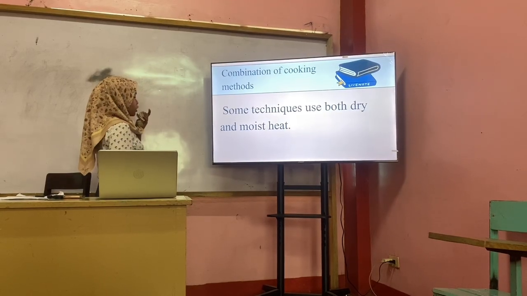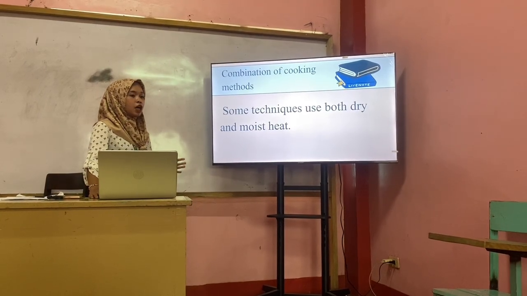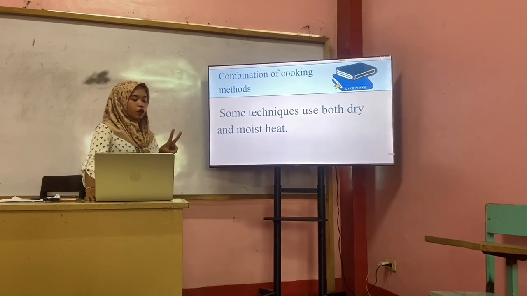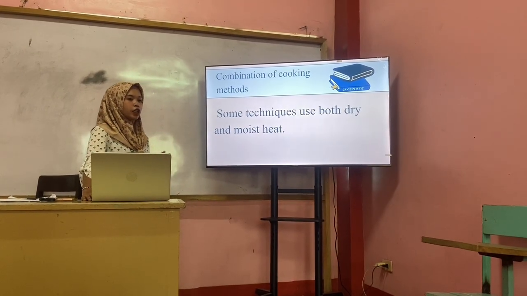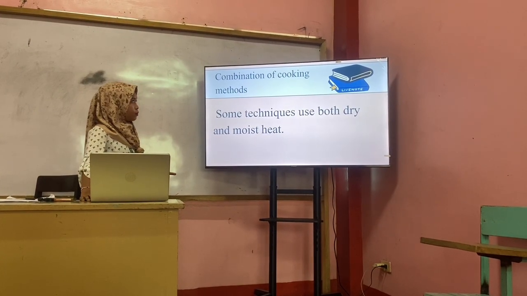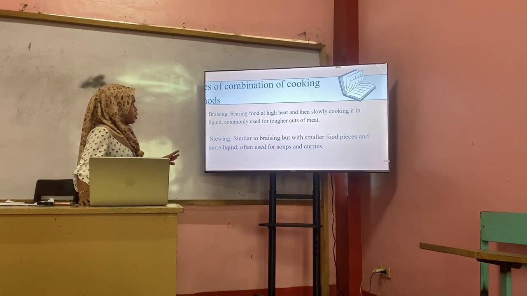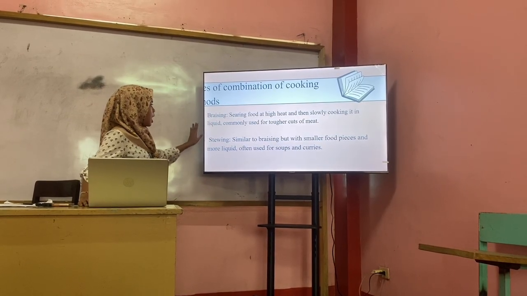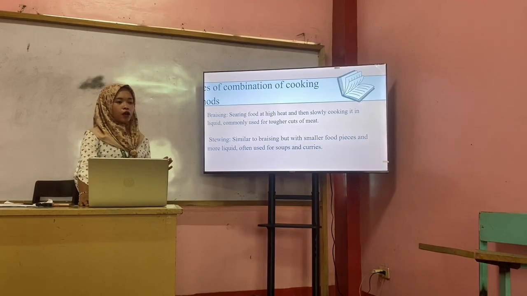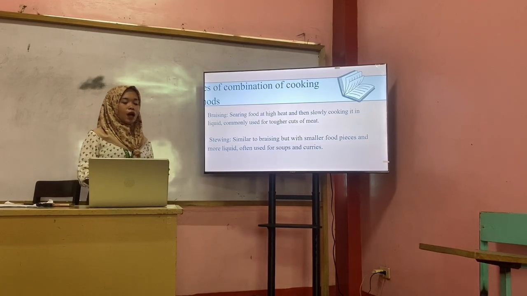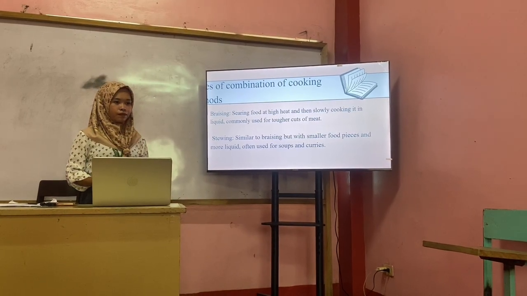Next is the combination of cooking methods, where two methods are combined in cooking. The types of combination cooking methods we have are braising and stewing. So can anyone read the braising? What is braising all about?